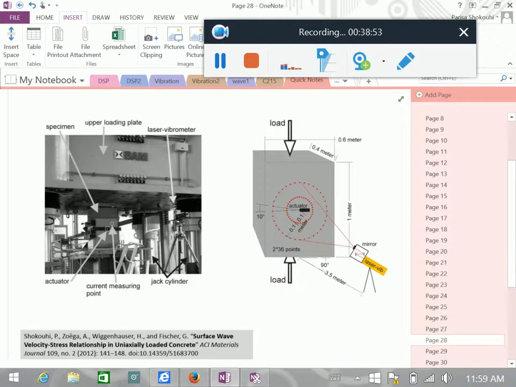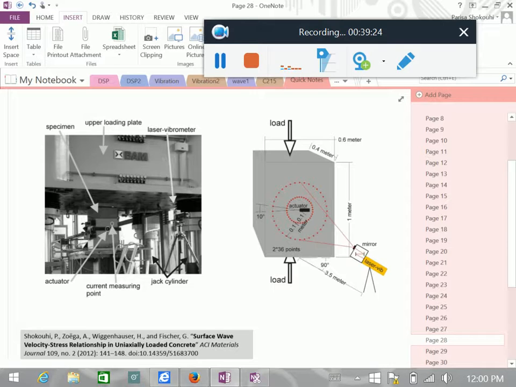And then we used several sensors. The one I'm showing you is an actuator as a source in the middle, and then using a laser vibrometer, standing a few meters from the sample, we measured the surface wave velocity on the surface of this specimen. But not only at one location; we measured the velocity every 10 degrees on the surface of the sample.